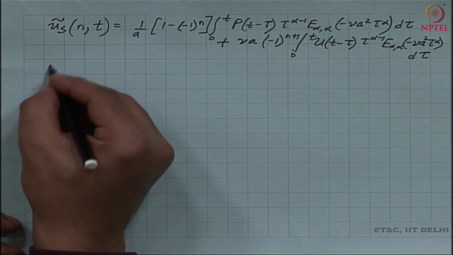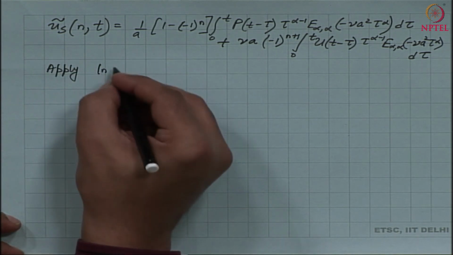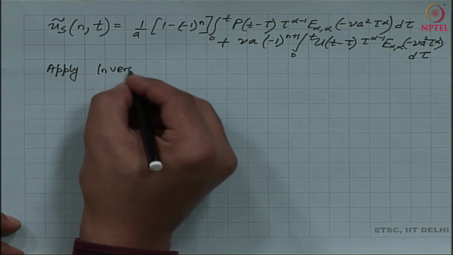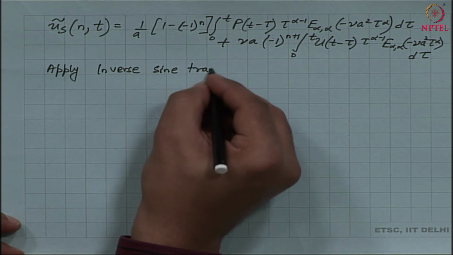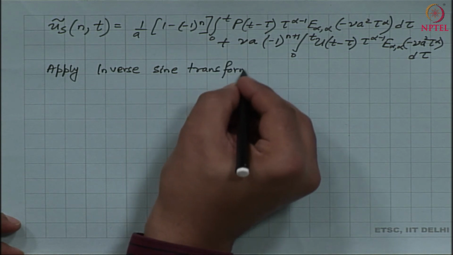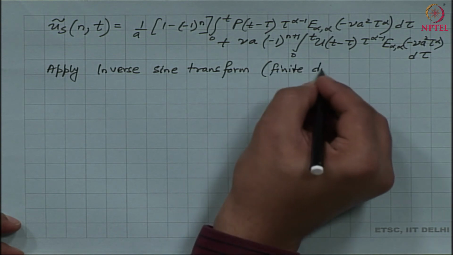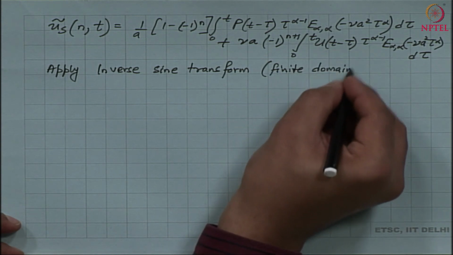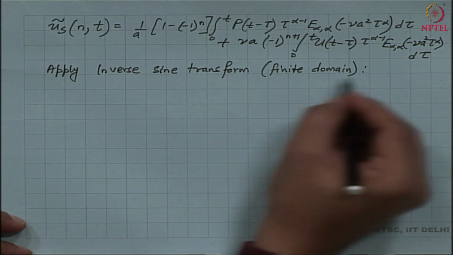Now, when I apply the inverse sine transform, this time on a finite domain, instead of the transform being an integral transform, it is going to be a Fourier sine series.